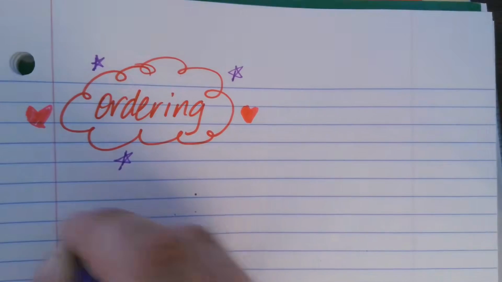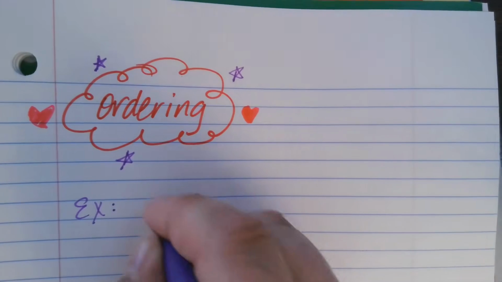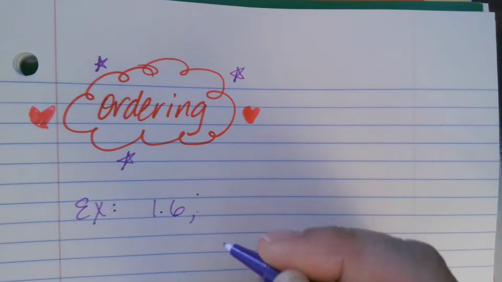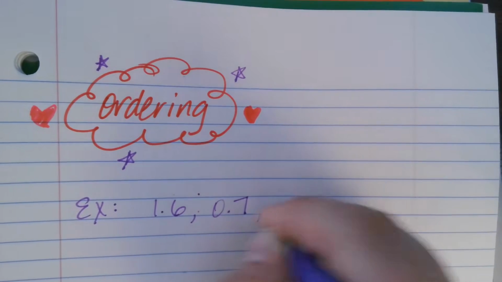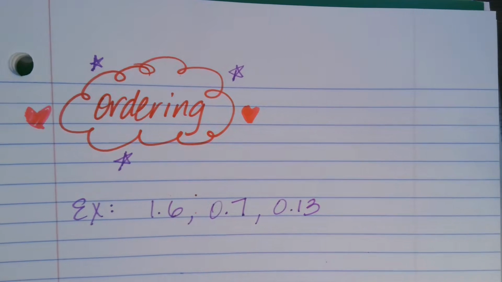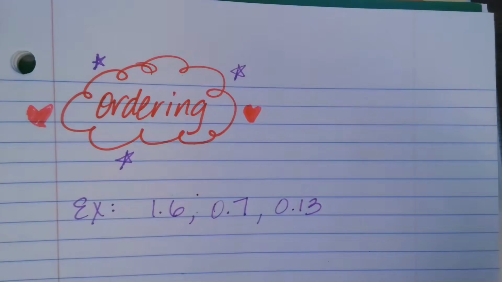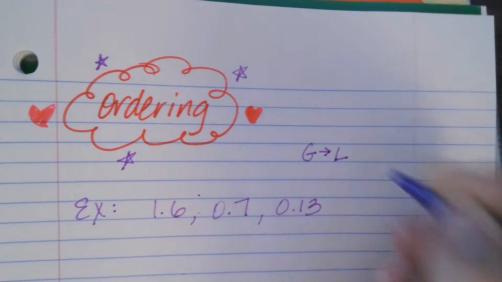Now, let's look at an example for this. Let's say we're looking at 3 decimals, and I'm just going to put G to L here.